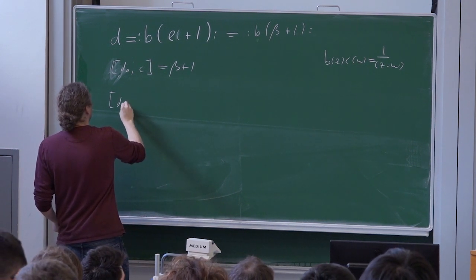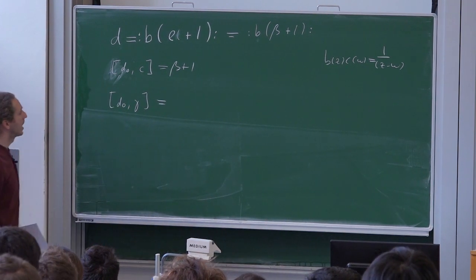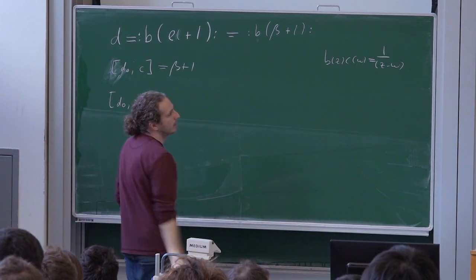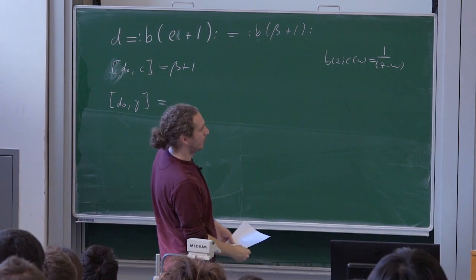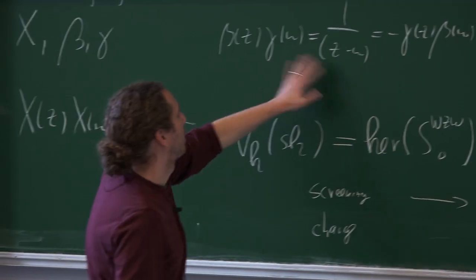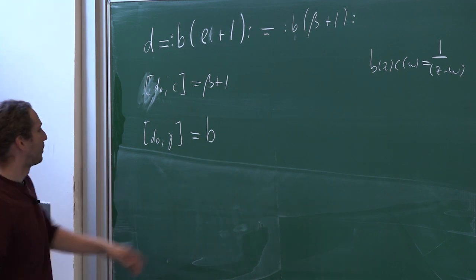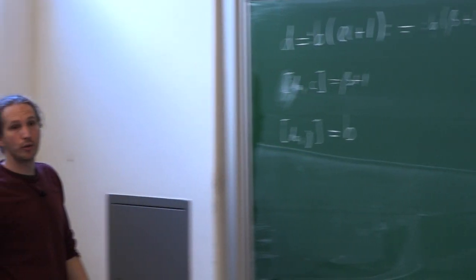Similarly, we can compute how D0 acts on gamma. The OPE of beta and gamma also gives us a 1, so this will just give us the B. So that means B is in the image, so it's trivial in cohomology.